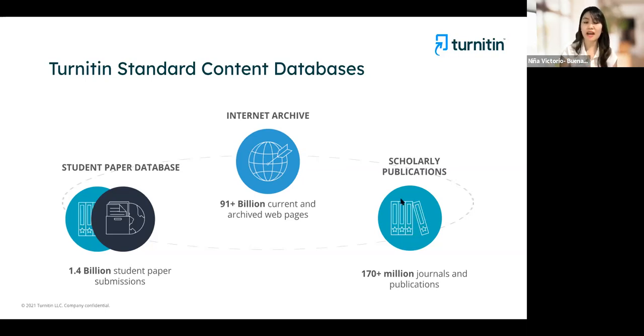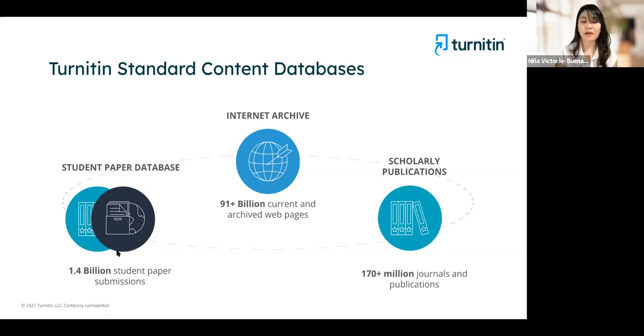The first one, as mentioned, is the student paper repository. This allows you to match against previous submissions made in Turnitin. We compare against this database to make sure that students within the same class, or students who might be doing the same class at different times, are not copying from each other.